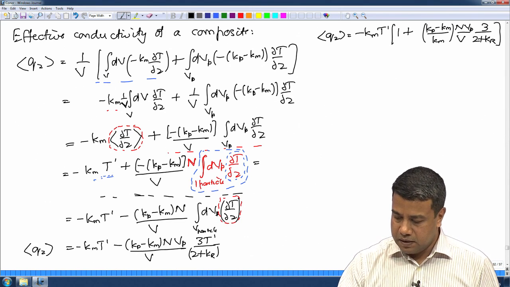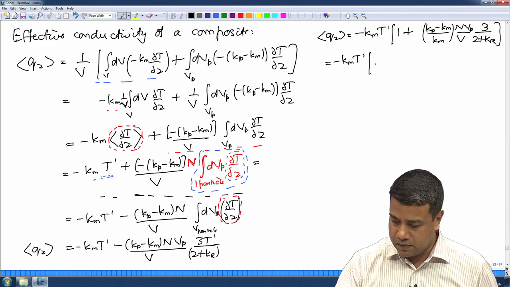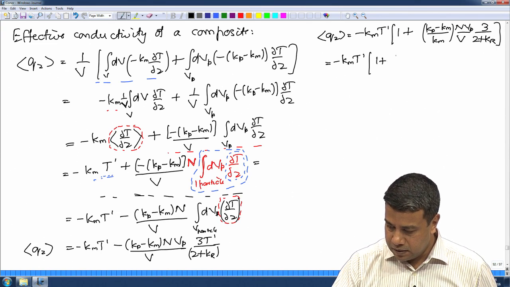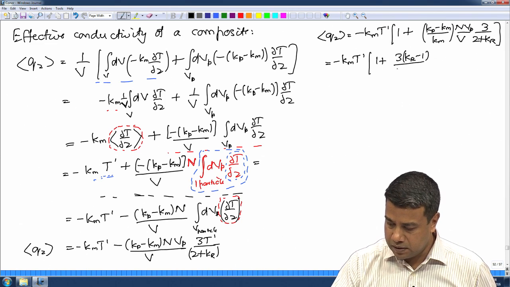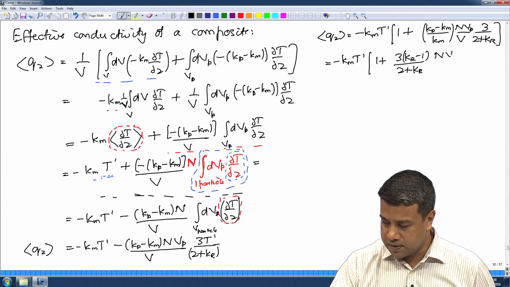So, I can write this as minus k m T prime into 1 plus 3 (k r minus 1) by (2 plus k r) into n times the volume of the particles divided by total volume.